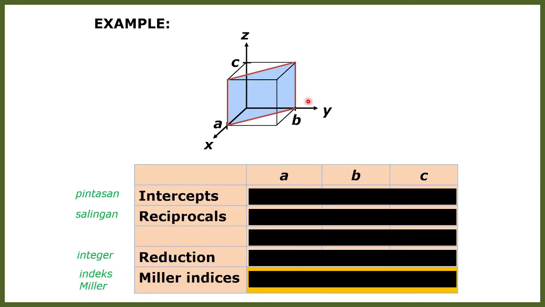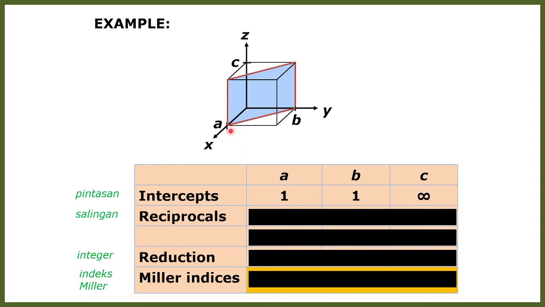Okay, next, if you get the plane but you need to name it, first you need to know where it intercepts. It intercepts x at point 1, y at point 1, and doesn't intercept z, so it intercepts at infinity.